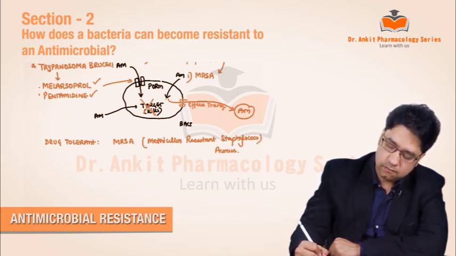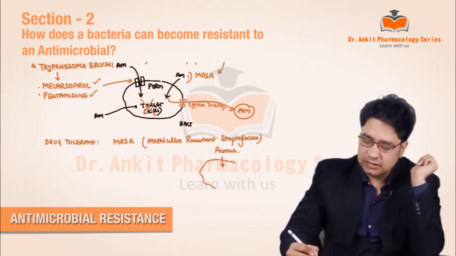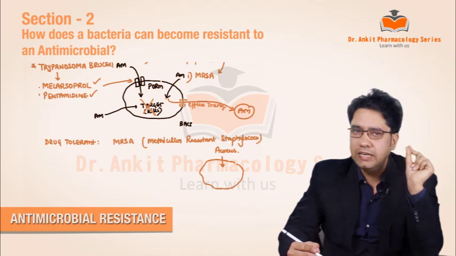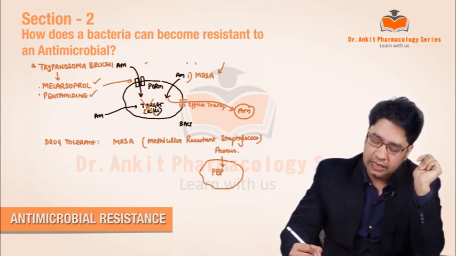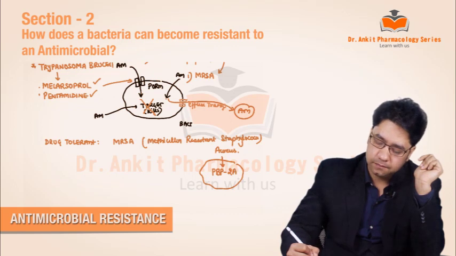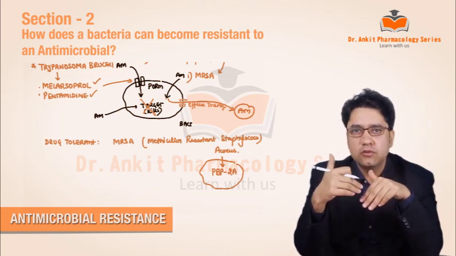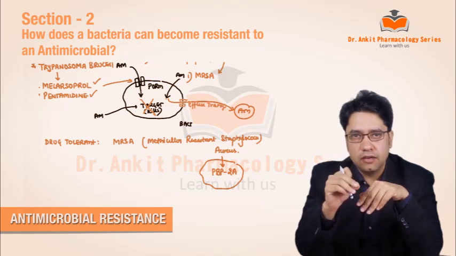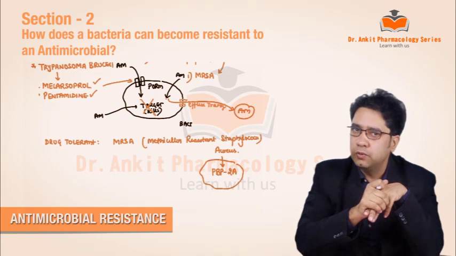Okay, normally the antimicrobial goes inside the bacteria and it binds to a protein known as penicillin binding protein 2A. Now this Staphylococcus aureus is synthesizing some abnormal type of penicillin binding protein 2A.